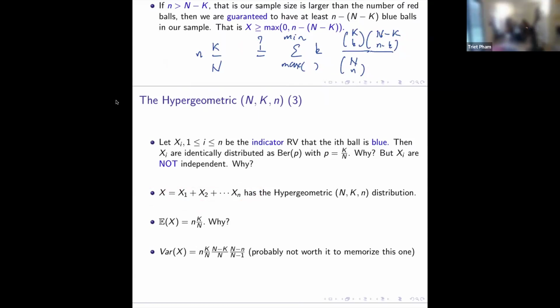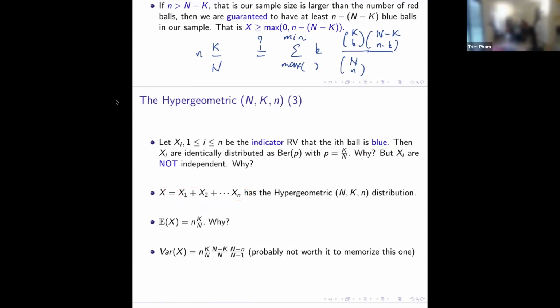And so what is the point here? The point here is that if you represent the outcome of an individual ball being picked as blue, then if you sum it up, it still represents the total number of blue balls in the sample.